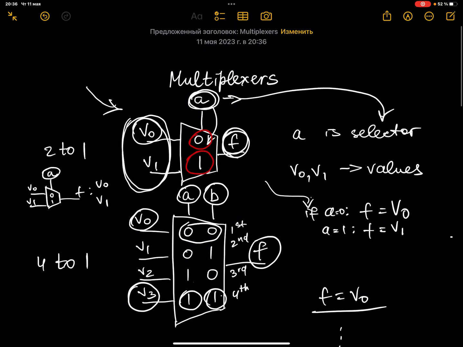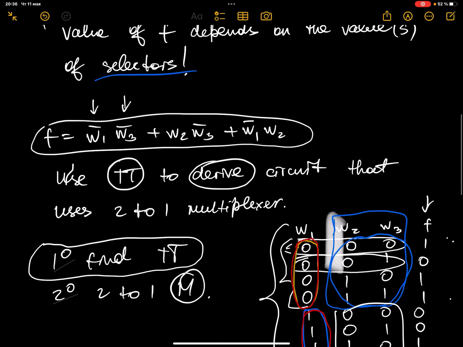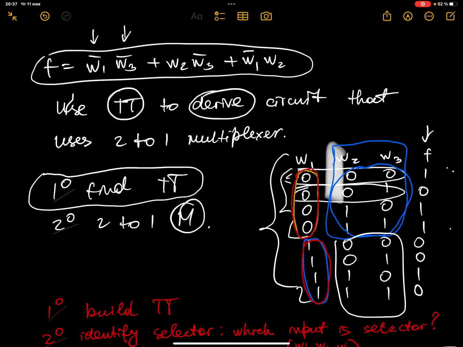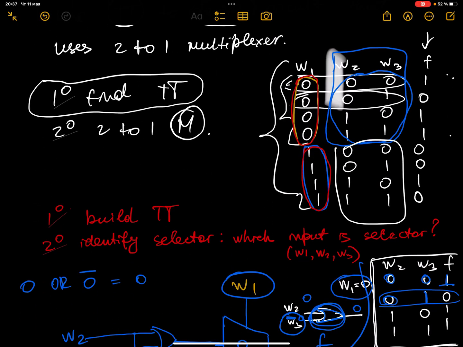Firstly, I hope you understand what a multiplexer is. The value of the multiplexer depends on the selector, right? If you have a question where you use a truth table to derive the circuit, the very first thing is to build the truth table, and then analyze it. Analyzing means, as the second step, identifying which input is going to be the selector, and then analyzing the two blocks, for the case when the selector's value is 0 and 1, as we did here below.